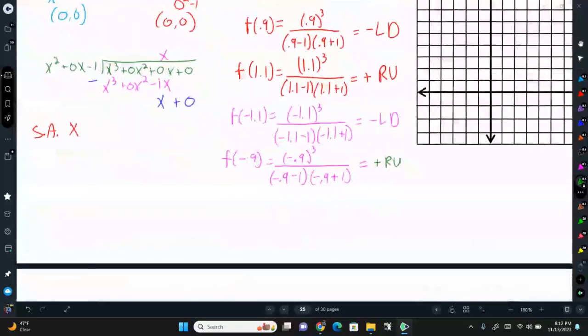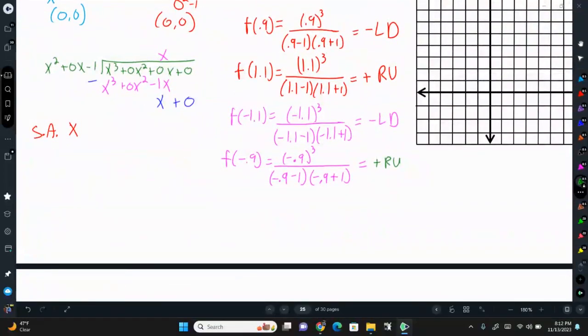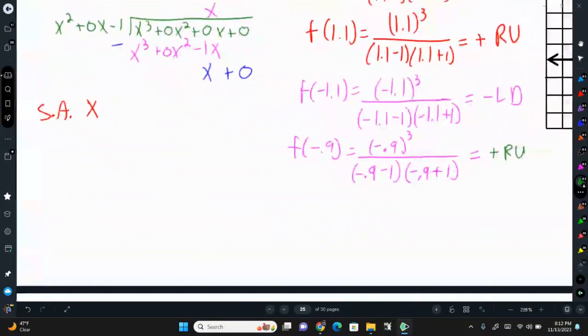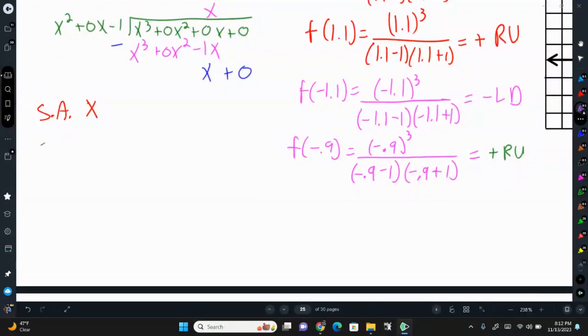It is time for end behavior. So again, for end behavior, we have to evaluate the slant asymptote at negative 1,000 and positive 1,000. Well, luckily for us, since it's just x, that becomes very easy. It is just the value.